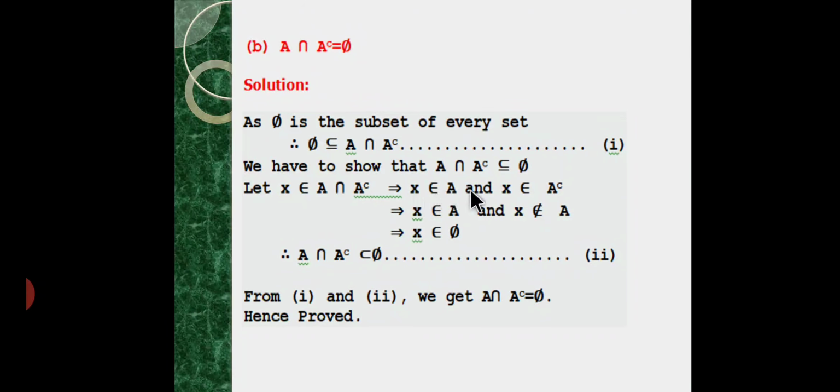X belongs to A and X belongs to A complement. X belongs to A complement means X does not belong to A. Okay. X belongs to A and X does not belong to A. From that X belongs to phi. So A intersection A complement is a subset of phi. So let it be equation 2. So from 1 and 2 we write A intersection A complement is equal to the empty set.